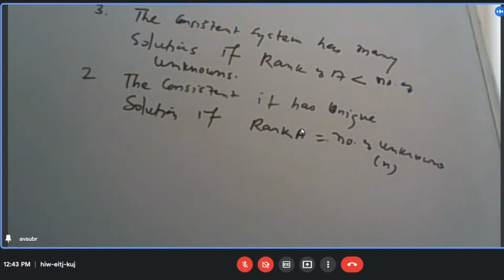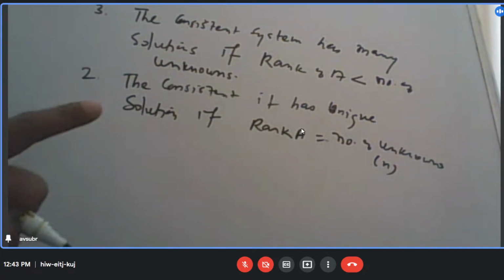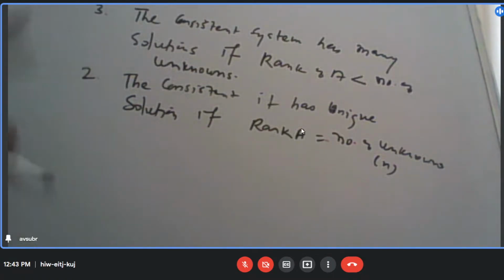All right. These three things we must remember on the consistency of non-homogeneous equations. If rank of A is equal to rank of B, then only the system is consistent. If the system is consistent, then rank of A should be equal to number of unknowns for it to have a unique solution. That is, only one solution it will have, right? And if the system is consistent but rank of A is less than number of unknowns, then it has many solutions.